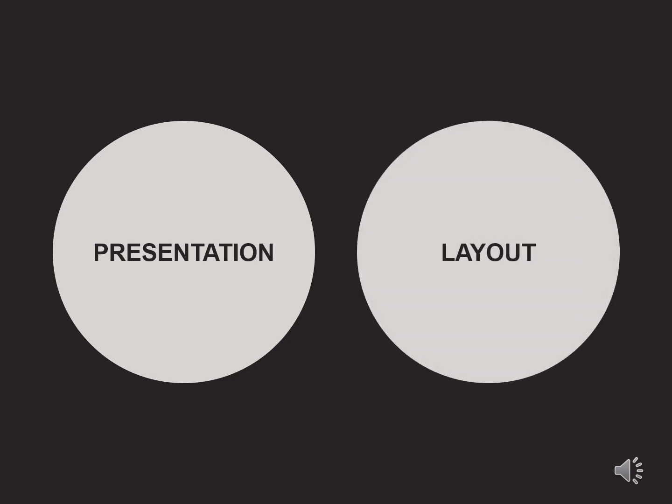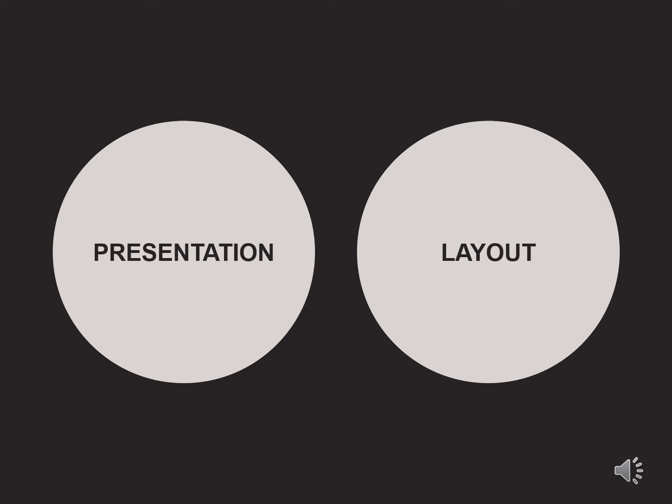So that's why we added these two circles. The first one is the presentation. The second one is layout. Presentation means how you will show the different elements, for example, which color, which background, which font to use to show the text and so on.